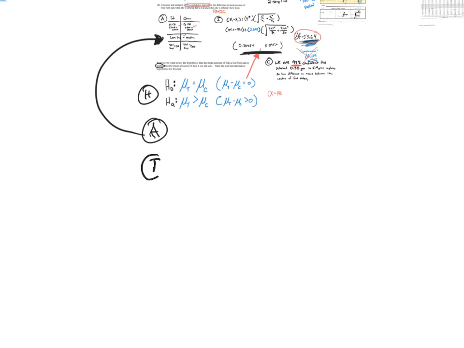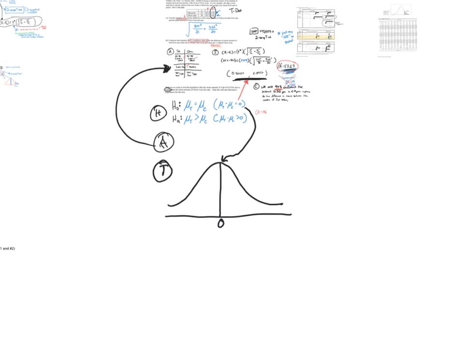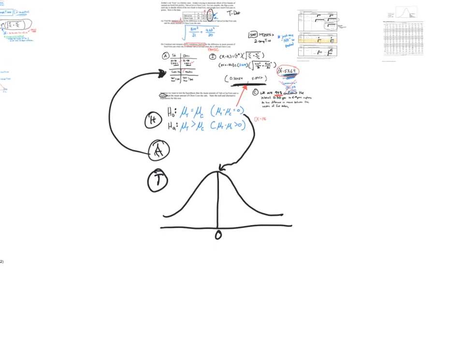The T, let's talk about the T. Since I'm doing a t distribution, it would be centered around, guess what value? 0, because the claim is always the center. And the value that I would be looking for is x bar 1, 85.2, minus x bar 2, 82.1.